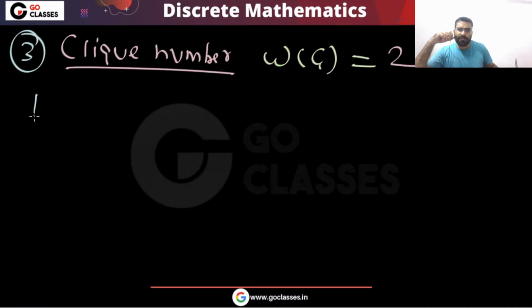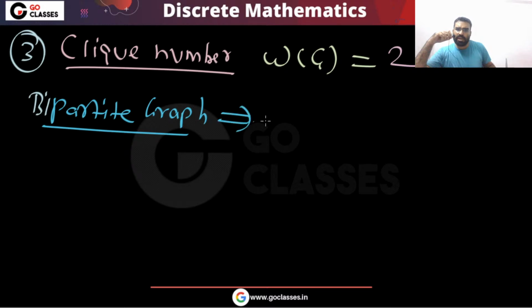We have already seen that in a bipartite graph there is no subgraph K3, no complete subgraph of size 3 or more, because in a bipartite graph you cannot have an odd cycle.